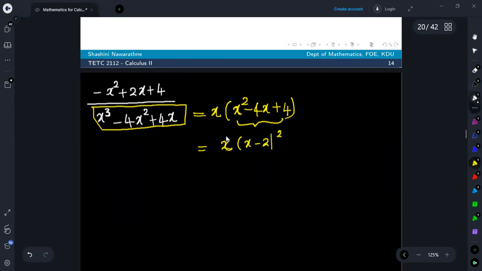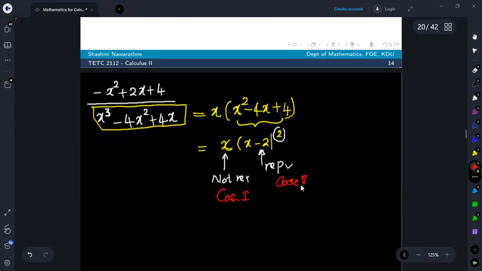So we have obtained the factors of the denominator and we can see that there are only linear factors. This is a linear factor, this is a linear factor, and this is not repeating. Since there is the second power, this part is repeating. Since the first factor is not repeating, it is under case 1. Since this is repeating, this is under case 2.